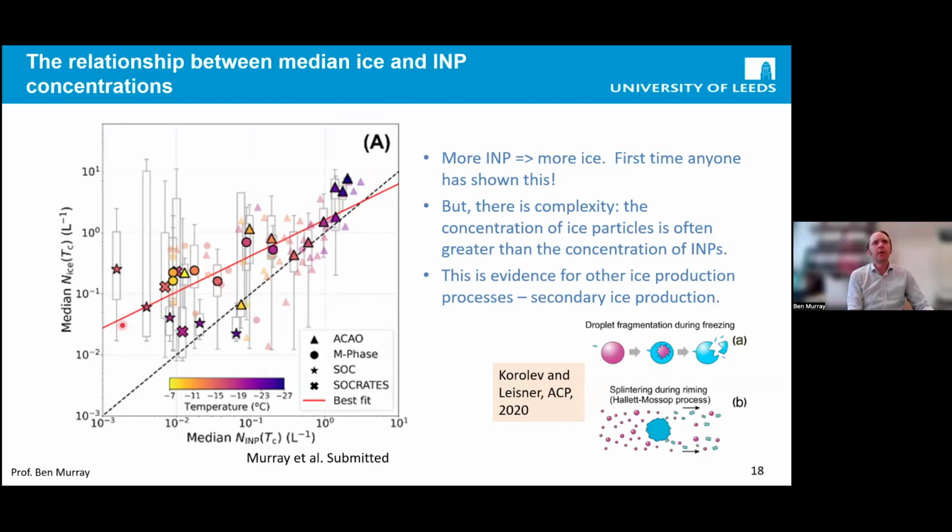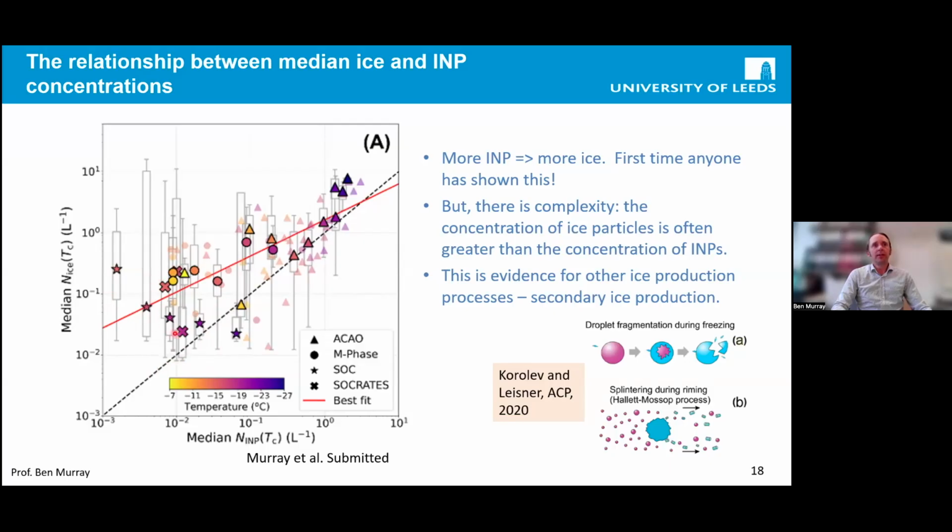That red line is just the linear fit to that, and we've also folded in data from the Southern Ocean campaigns that we had available, from SOCRATES and SOCC. So the one-to-one line is here.